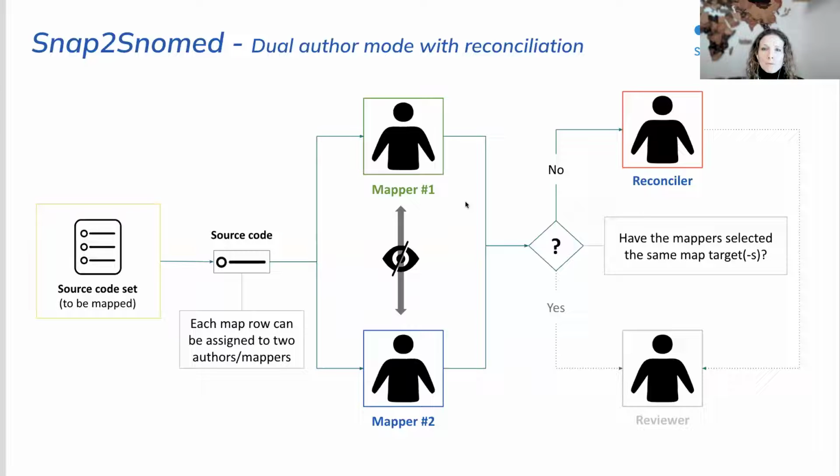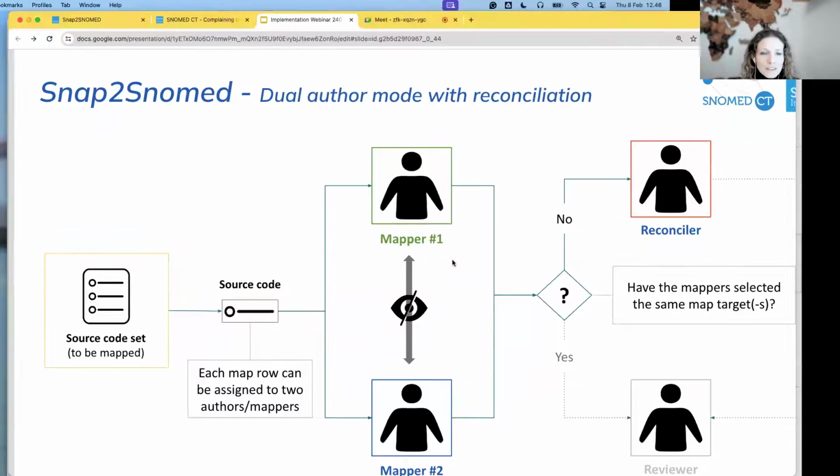So you have some implied review in the fact that you compare two selections, and then you have a third person who can do any reconciliations required. You can still add a reviewer, but the best practice workflow is what you see here, where the reconciler makes the decision. So let's go into the tool and see how that looks.